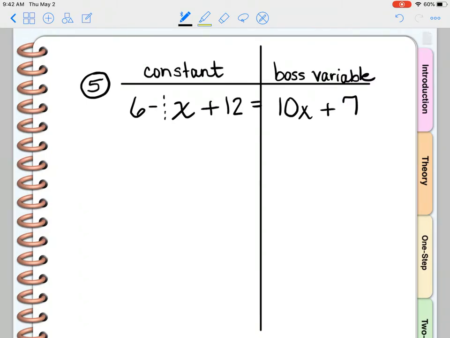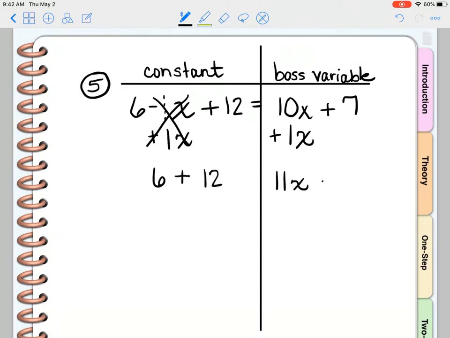So let's go ahead and move the negative 1x by doing its opposite and canceling. So I'm left with 6 plus 12, 11x plus 7. So I can simplify right here. Those are like terms. They're both constant. So 6 plus 12 is 18. And 11x plus 7 is still sitting on this side.